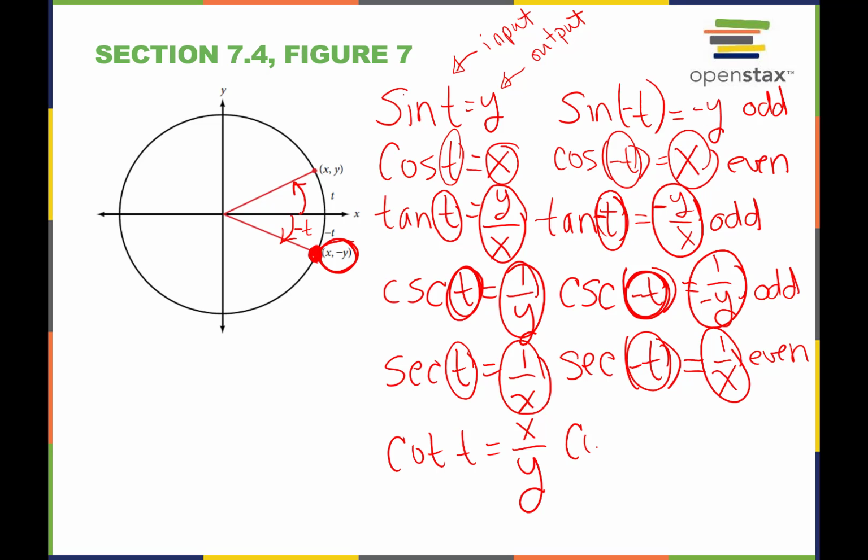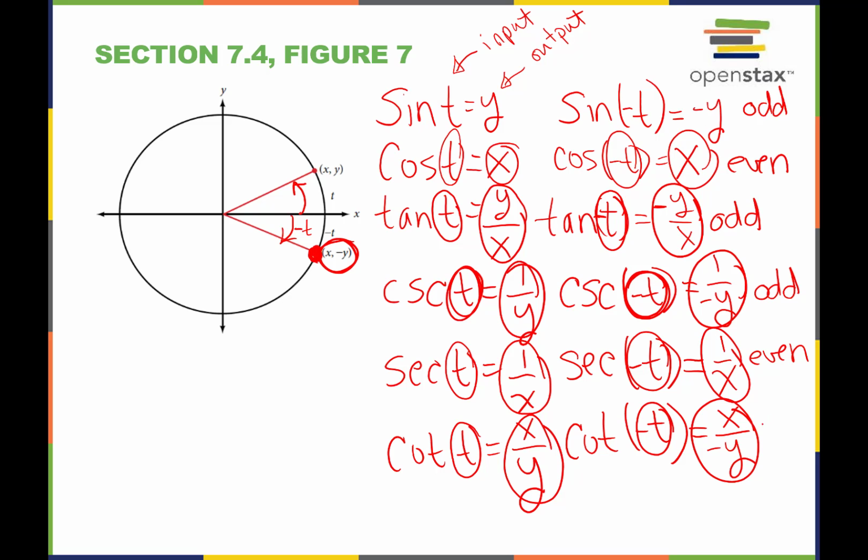Last one, cotangent. I'm going to replace t with negative t. Cotangent is the x-coordinate over the y-coordinate. The x-coordinate is x. The y-coordinate is negative y. When I switch the sign of my input, my output changes signs.